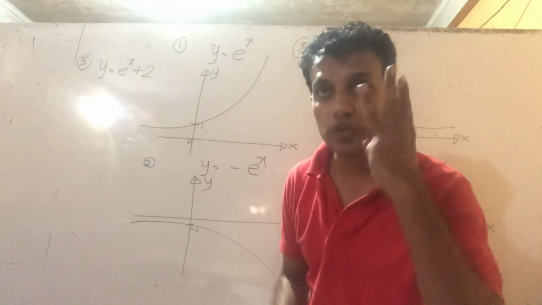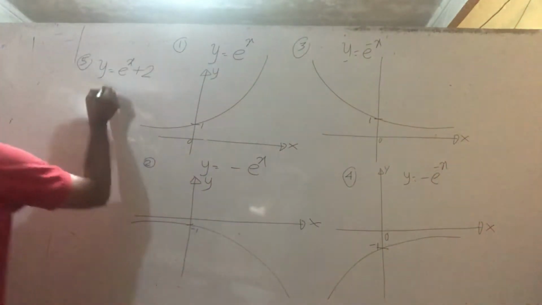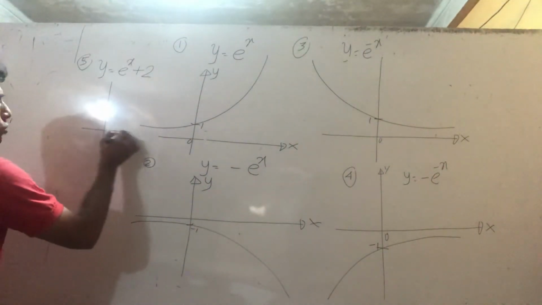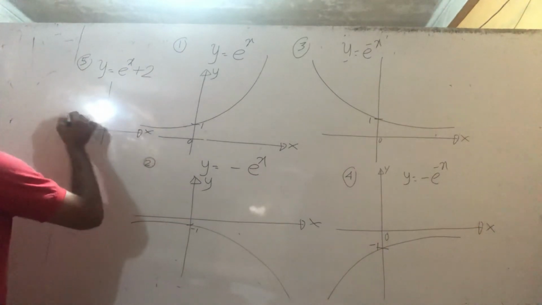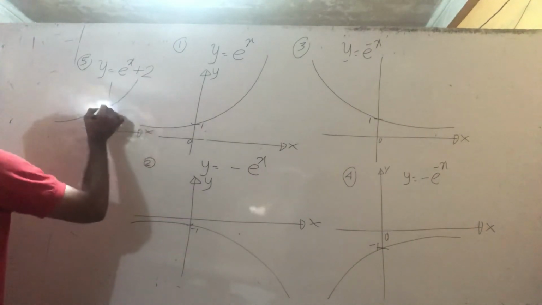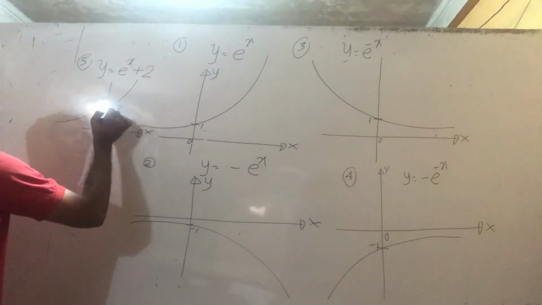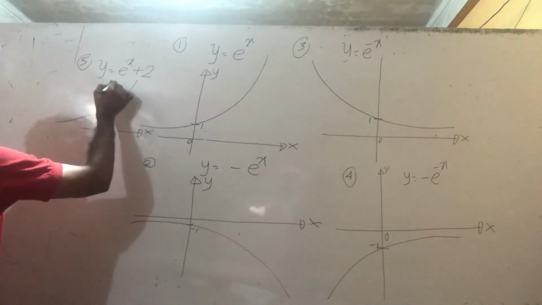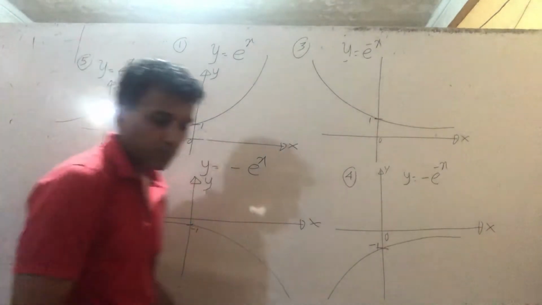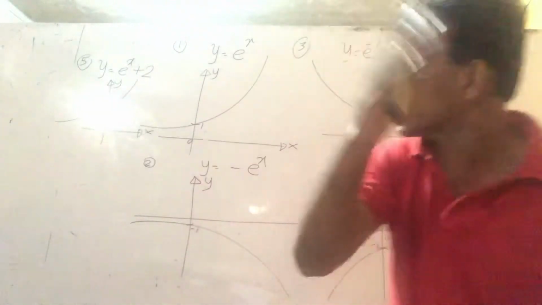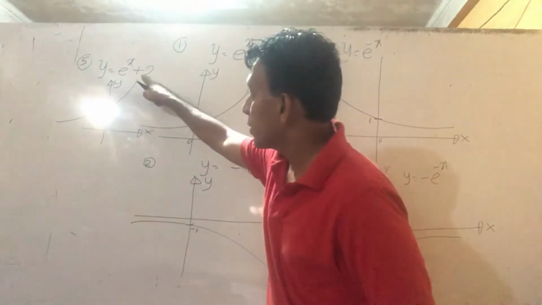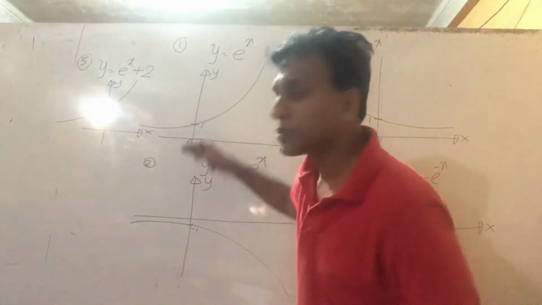There it goes to 3. You can roughly draw that also. E to the power x plus 3 becomes upward 3. If it is, for example, minus 2, it comes down.